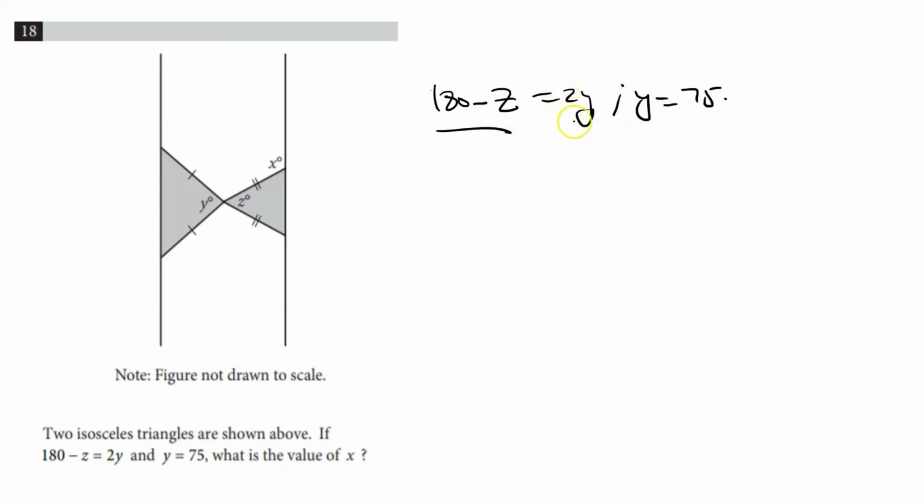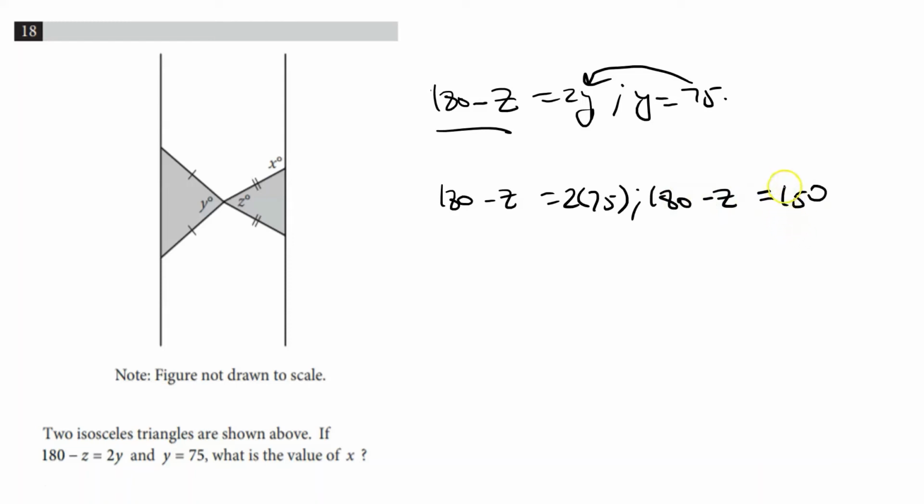Because this expression equals 2y, and we know the value of y, we can just plug that in for y here. So we can rewrite this as 180 minus z equals 2 times y, and we said y is 75. And just simplifying this really quick, 180 minus z equals 2 times 75, which is 150.